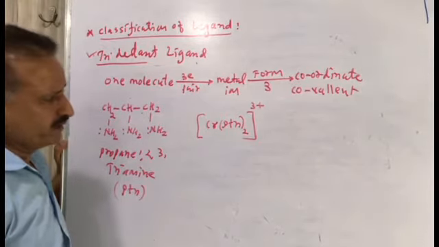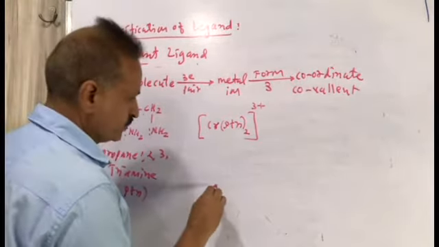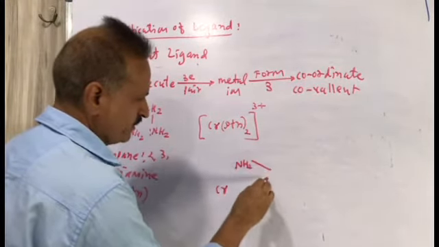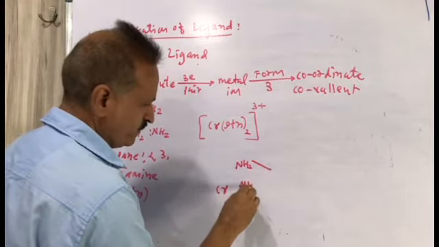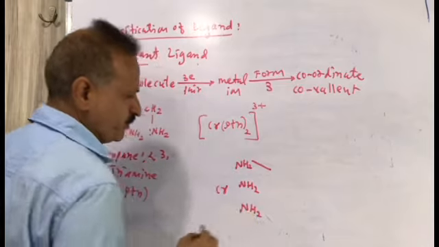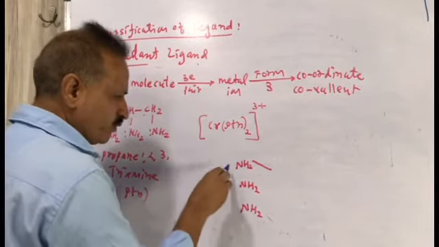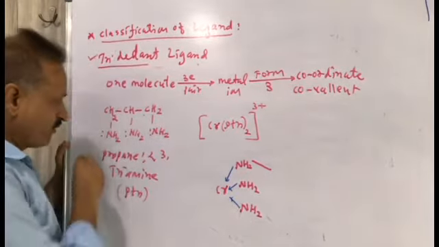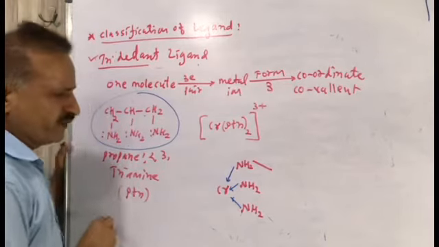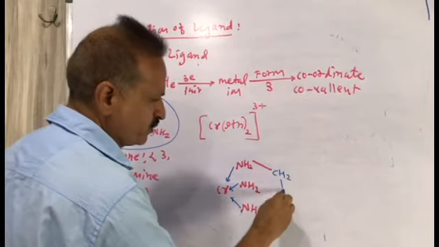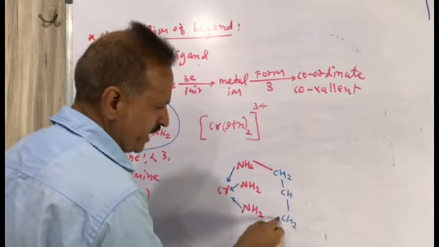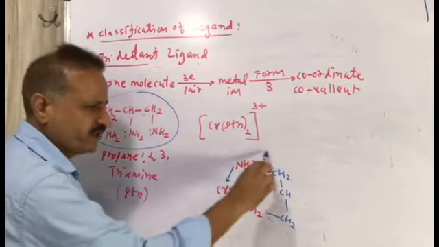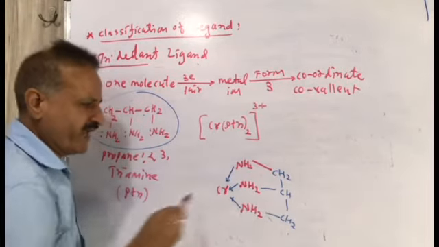Then what will be the structure? So Cr is over here, here is NH2, here is NH2, here is NH2. You just draw 3 NH2 to form 3 coordinate covalent bonds with chromium. Now complete the formula of propane 1,2,3-triamine, means CH2, CH, CH2 and attach with the amine. So this is one molecule of propane 1,2,3-triamine.